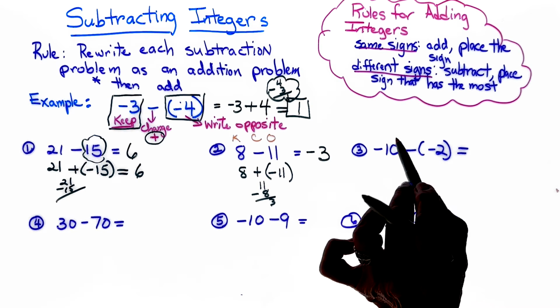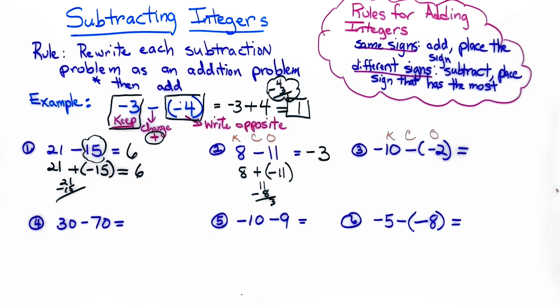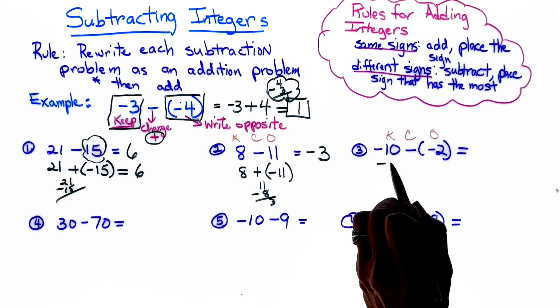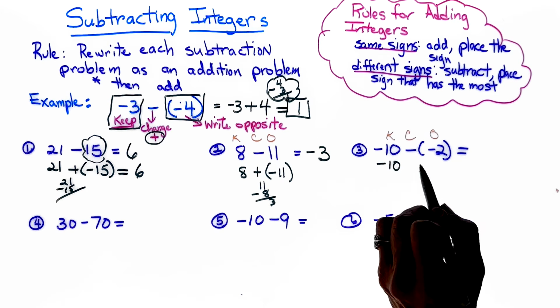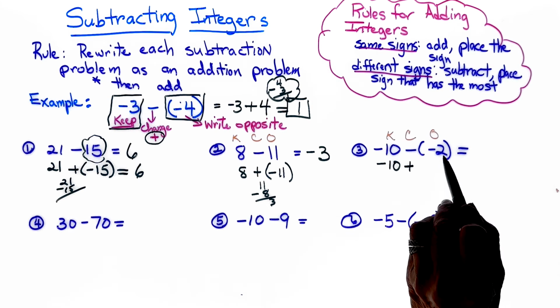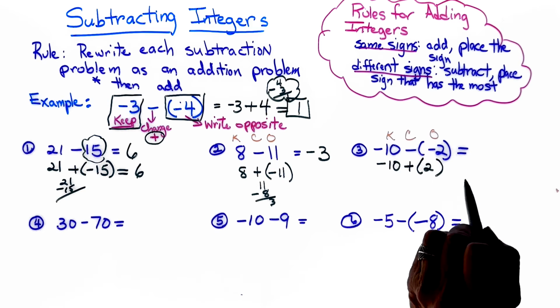Again, keep, change, opposite in order to write our addition problem. So I have a negative 10, and I'm changing the sign, and now I'm writing the opposite of a negative 2, which is a positive 2.